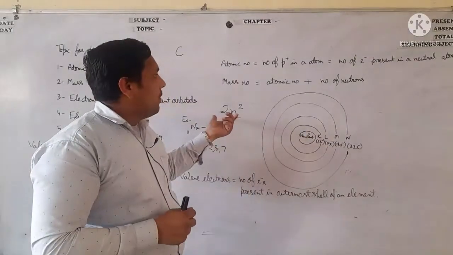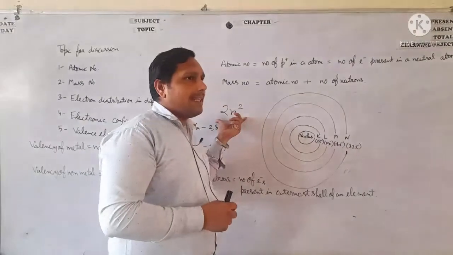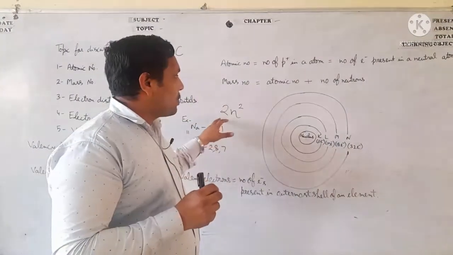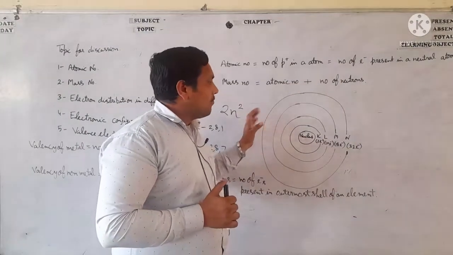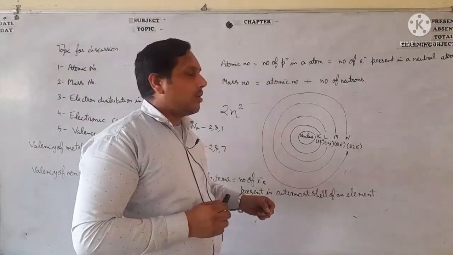If we calculate the electron distribution, it is by this formula, the Bohr-Bury scheme, that is 2n square, and by this we can understand how many electrons are present in a different orbital.